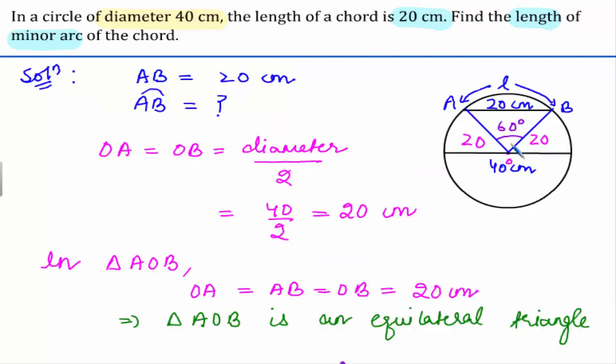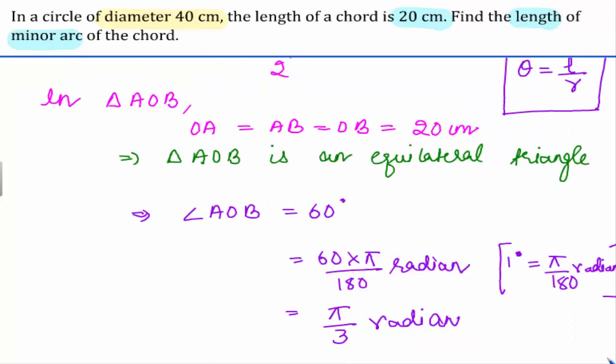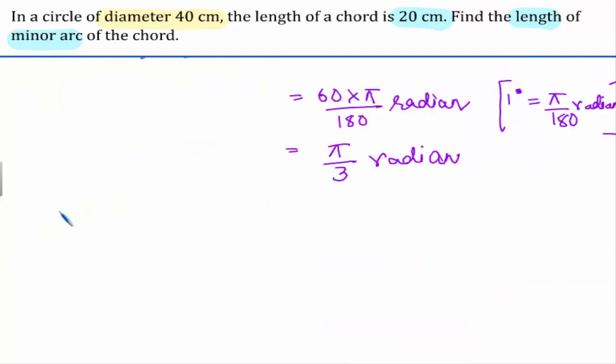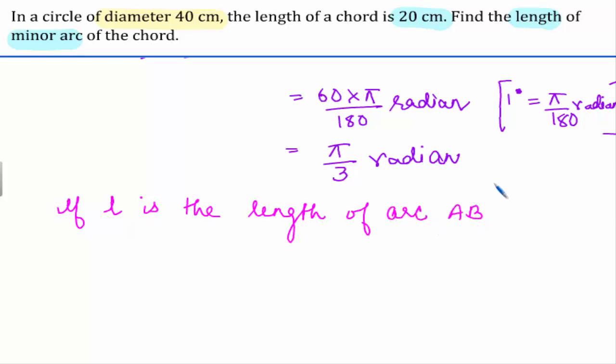Now, we know that if theta is the angle and L is the length of the arc, then theta is given by L divided by R, where R is the radius of the circle. Therefore, if we suppose that L is the length of arc AB, which is a minor arc, then we have L divided by 20 is equal to the angle, which is pi upon 3 radians.